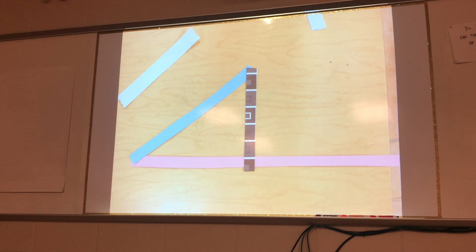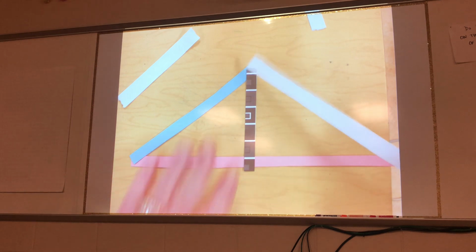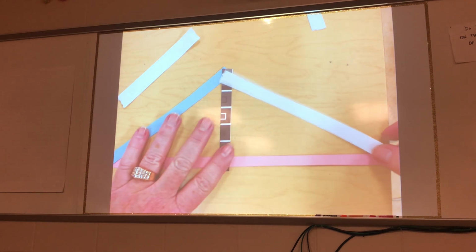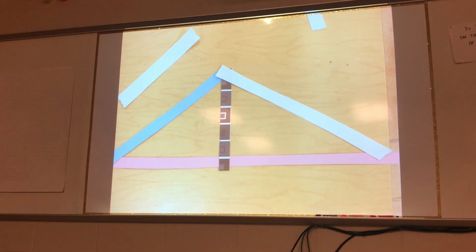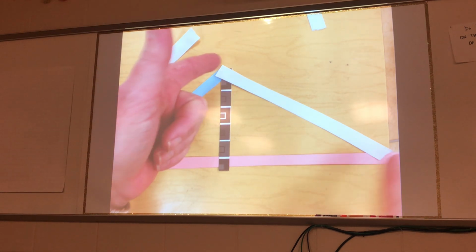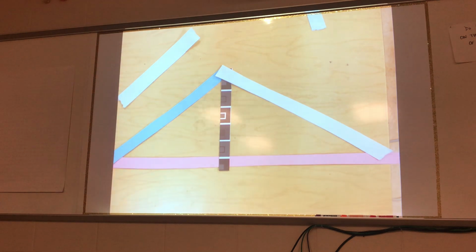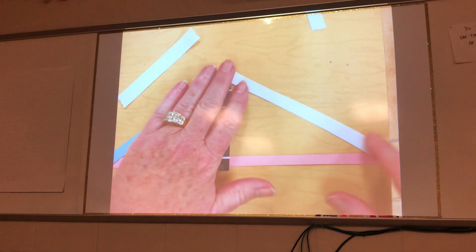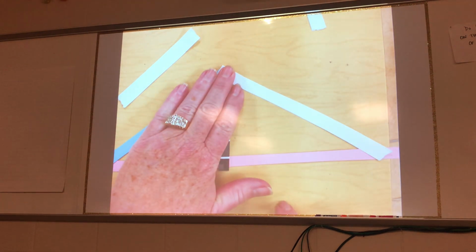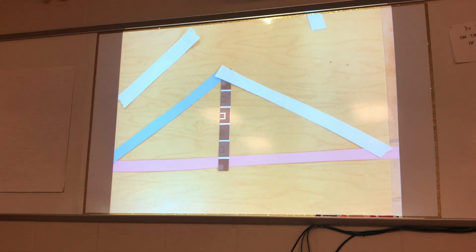How many triangles? A bunch. No, you can't make infinity because it only goes so far. I can only make one. No, because if you move it, you can make another one though. It has to go from this vertex to this vertex. If you move it up that way, you made him shorter.